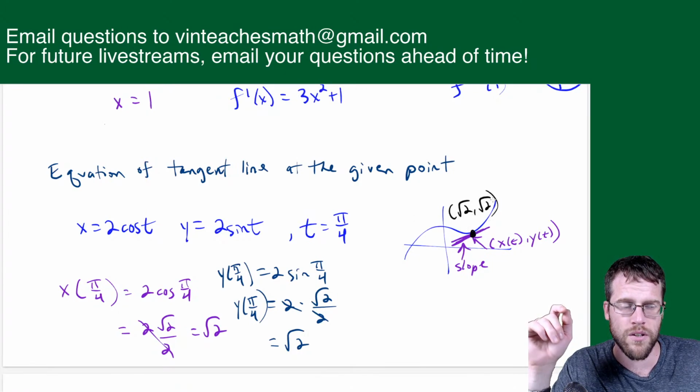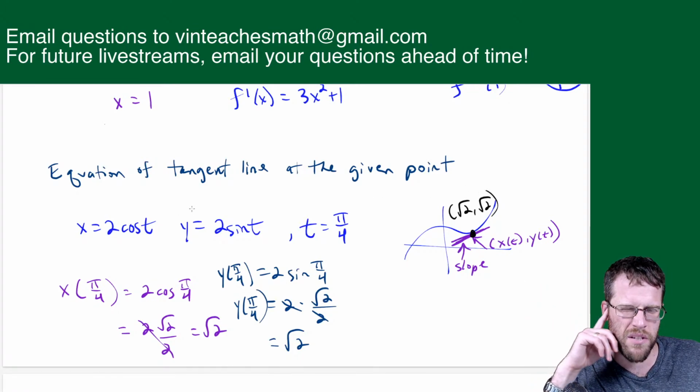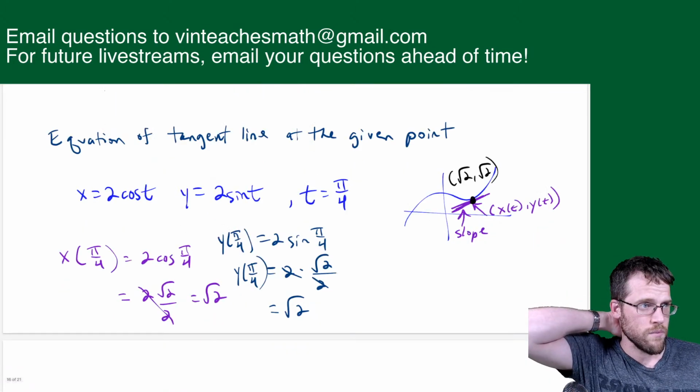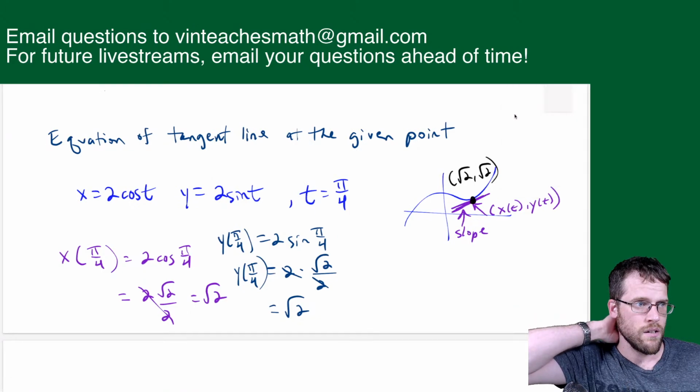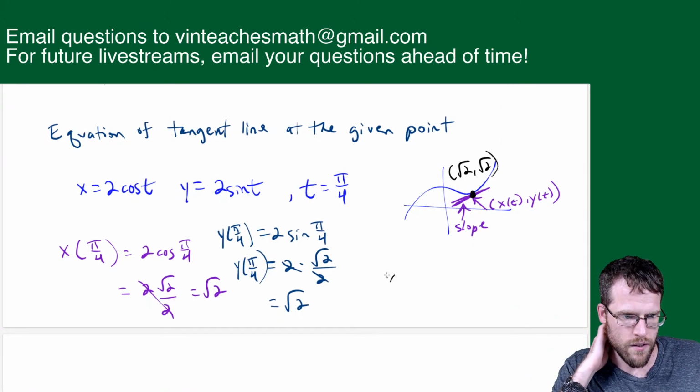This is not what the curve looks like, but it's going to give us a rough idea. This might actually be a circle. I believe it's a circle. How I know it's a circle, let me extend this, so we'll add a page in here, is that if we did x squared, that is equal to 4 cosine squared, and y squared would be equal to 4 sine squared.